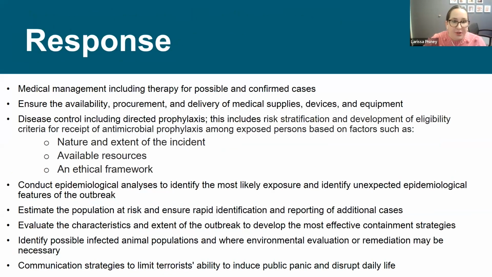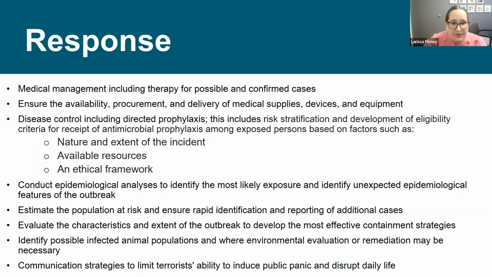And very briefly, I wanted to go over what all that would entail. Support in terms of medical management for possible and confirmed cases. Public health would ensure the availability of medical supplies, devices, and equipment. It would also help run disease control, including directed prophylaxis.